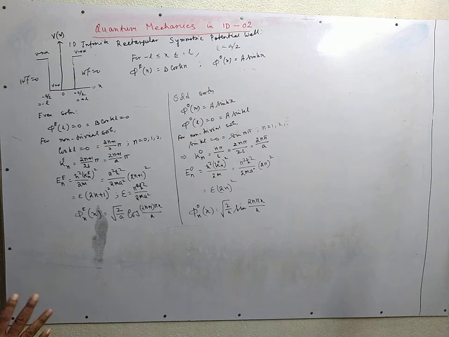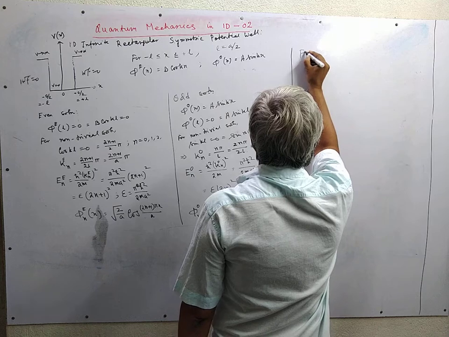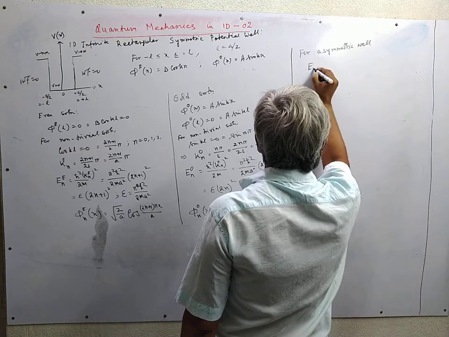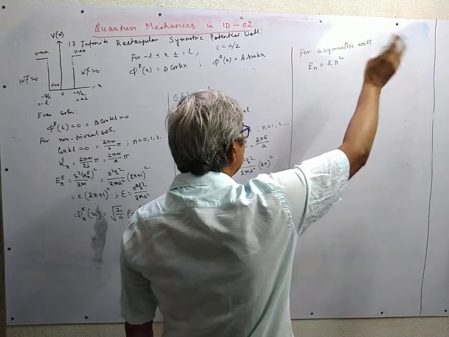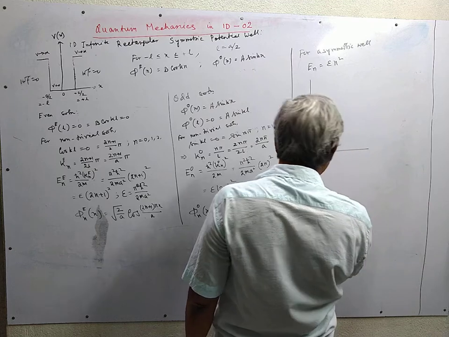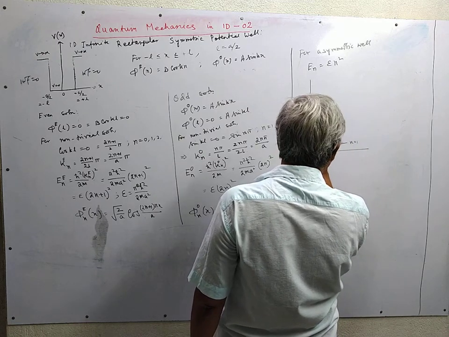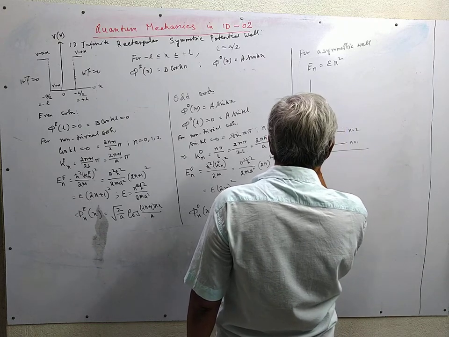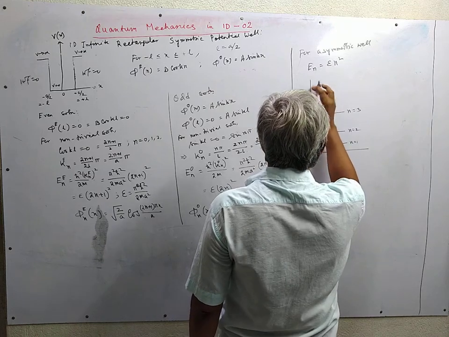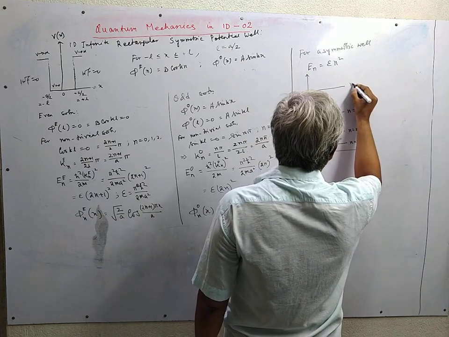Now this is the energy expression. If we recall the energy expression for the asymmetric well, En was epsilon n square, where n could have 1, 2, 3, 4, etc. If we draw the energy level diagram of this, this is the zero level, this is epsilon, then 4 epsilon coming from n is equal to 2, then 9 epsilon coming from n is equal to 3, then 16 epsilon coming from n is equal to 4.